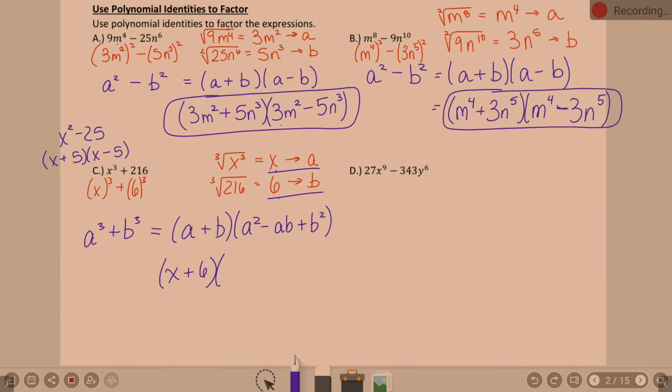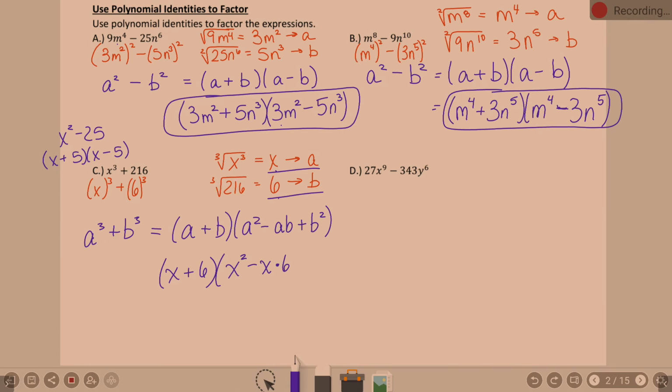Parentheses. Now we have to do the trinomial. a squared. Well, a is x, so x squared minus ab. What are my a and b? x times 6. Now, am I really going to write it as x times 6 for my final answer?